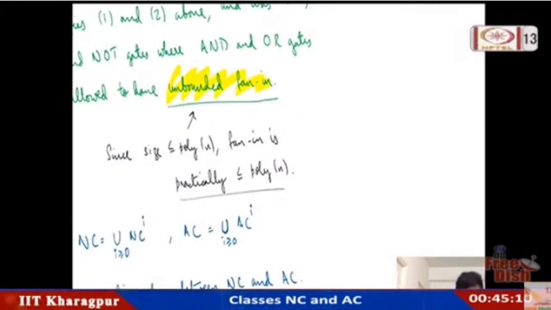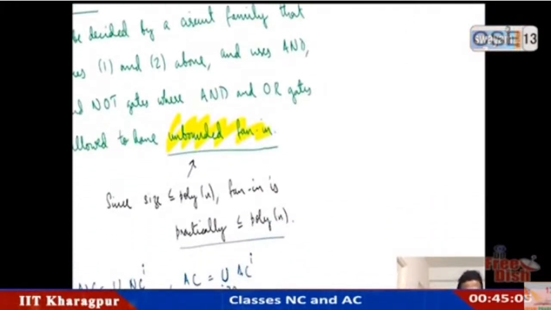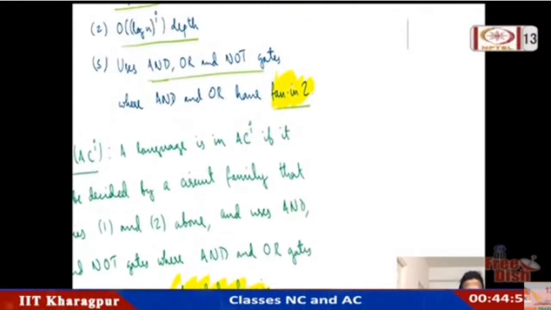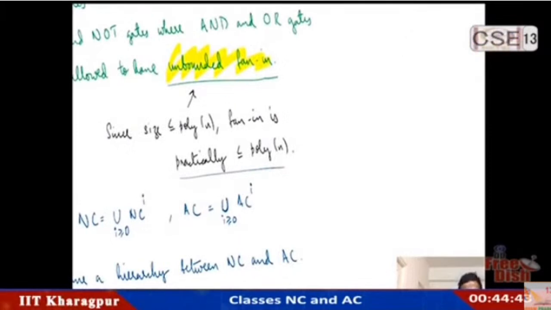Okay, so now let's see. This is AC^i and NC^i, both of which have polynomial size, (log n)^i depth, and consist of AND gates, OR gates, and NOT gates. In the case of NC^i, we said that the AND gate and OR gate cannot have fan-in more than 2, but in the case of AC^i, they could have unbounded fan-in.